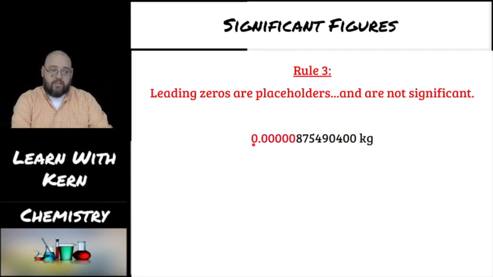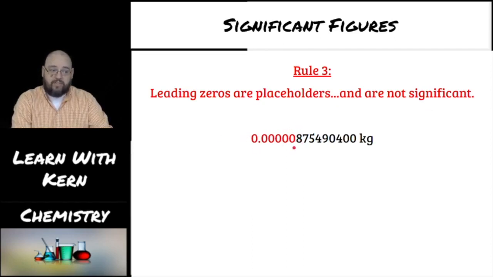You're only ever going to have leading zeros when you've got a number that's smaller than 1, because you've got that 0.000, the decimal and zeros in front. All of these zeros are not significant because they're leading zeros. They're important because they're telling you the value of that 8.